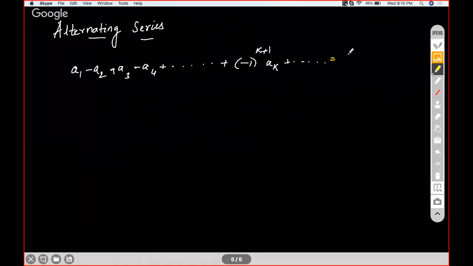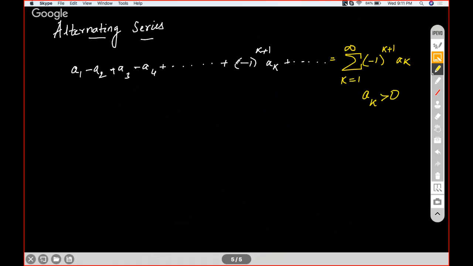You can abbreviate it as the sum of (-1)^(k+1) a_k, k going from 1 to infinity. Remember, we normally choose our a_k to be positive, so the signs are external and all these terms themselves are positive.